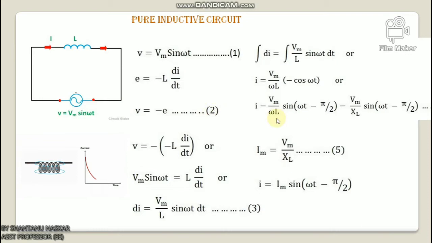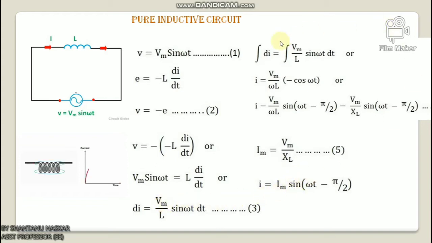Putting the value of E in equation 2, we get V equals L di by dt, or we can write Vm sin omega t equals L di by dt, or di equals Vm by L sin omega t dt, which is equation 3.